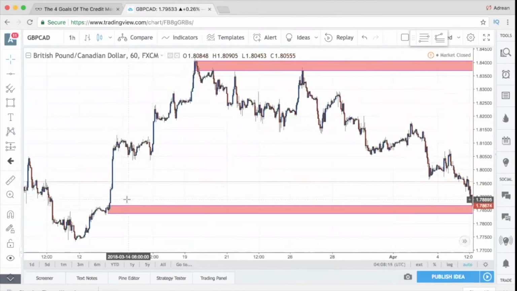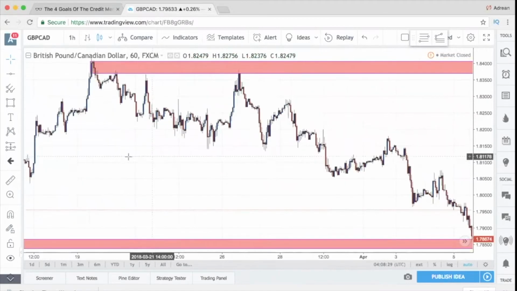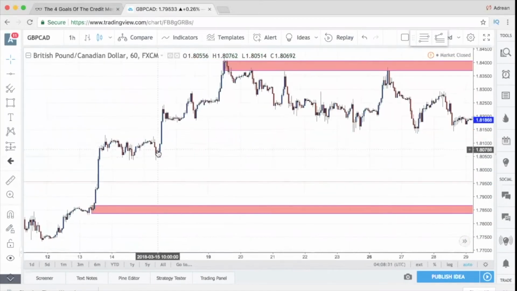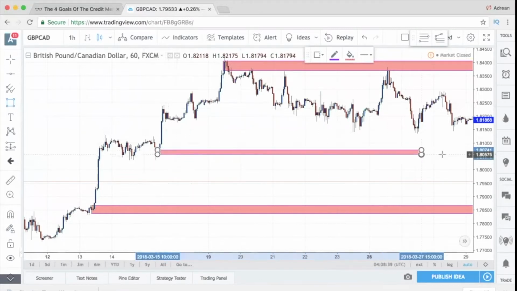You're trying to find those major points before the market decided to do a major breakout. So now that I told you that, you can probably clearly find some more supply and demand areas, like this area right here. This was a major area before the breakout, so you could even say this area. Then draw it all the way to the left.